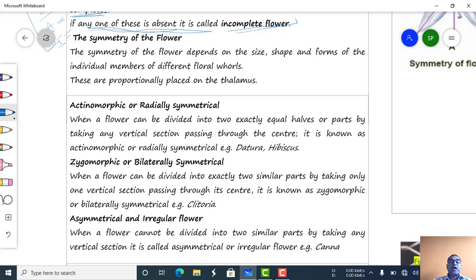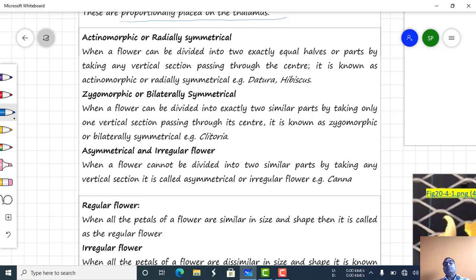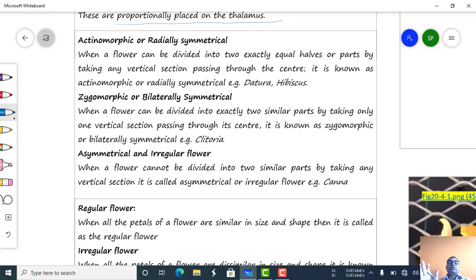These are proportionally placed on the thalamus. Just see the symmetry of the flower. 3 types of symmetry are present. First one is actinomorphic, then zygomorphic and asymmetric, or radially symmetrical, bilaterally symmetrical and asymmetrical. These are the 3 symmetries observed among flowers.